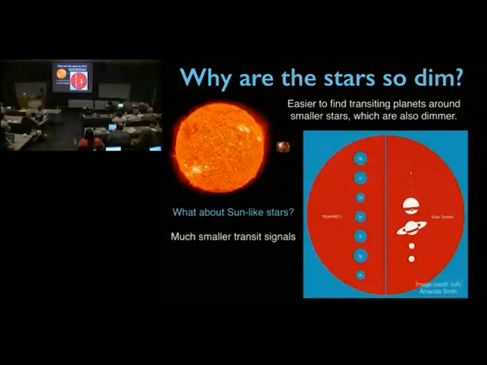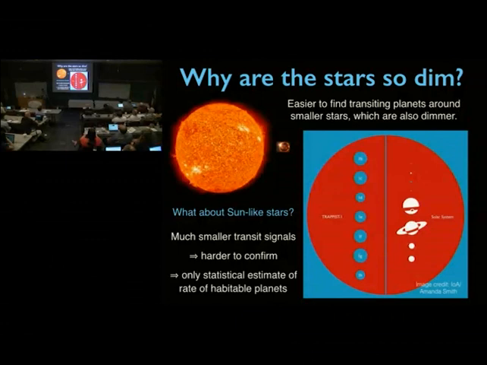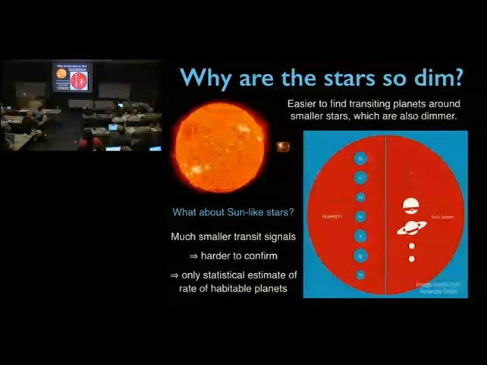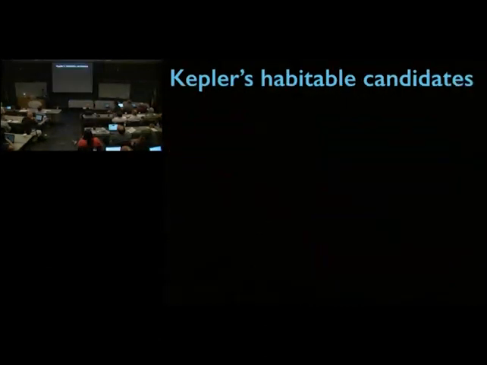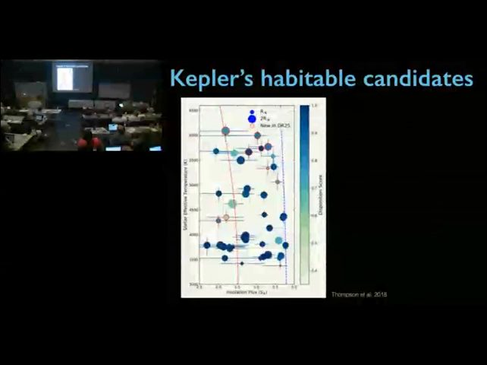So this is really hard to do because these habitable zone planets around sun-like stars have much smaller transit signals, which also means that they're harder to confirm. And so really what's possible with these kind of detections is more of a statistical estimate of the rate of habitable planets.